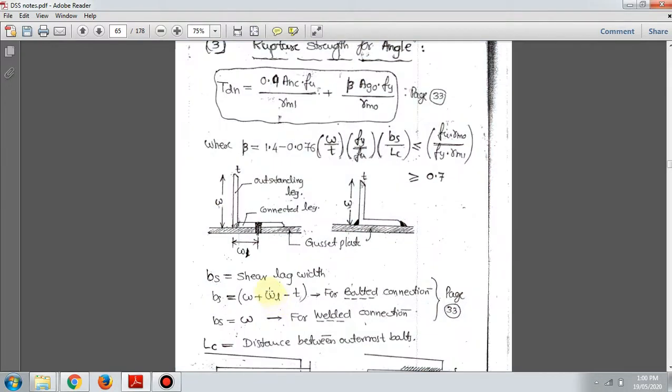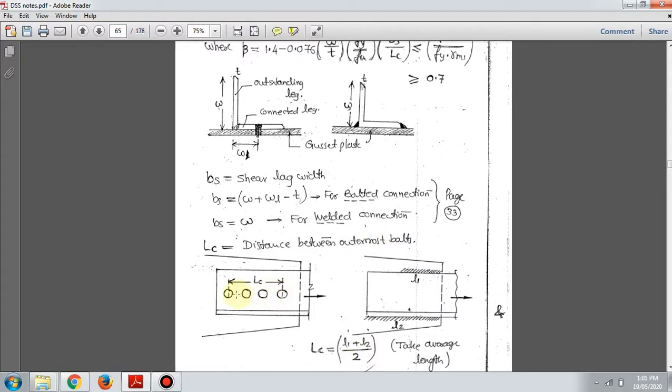The bs formula is given in the code: bs is w plus wL minus t. w is the width of the outstanding leg, and the wL value will be there in SP6 for different angle sections, minus t.